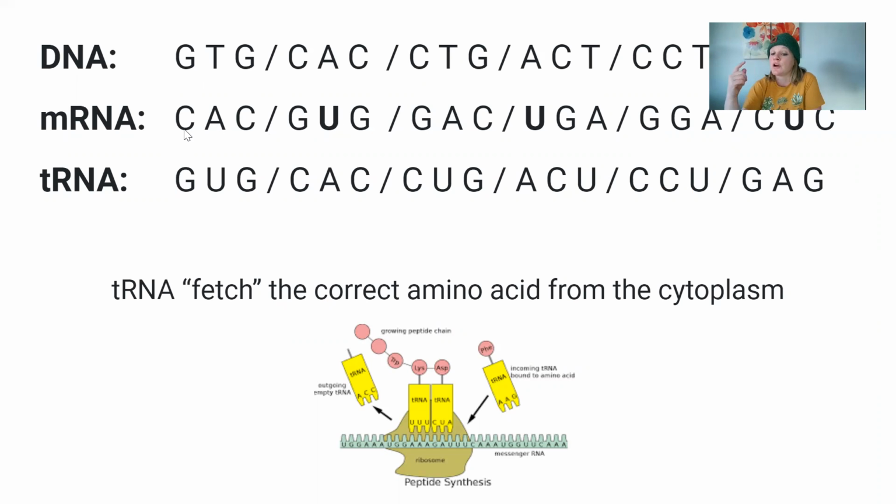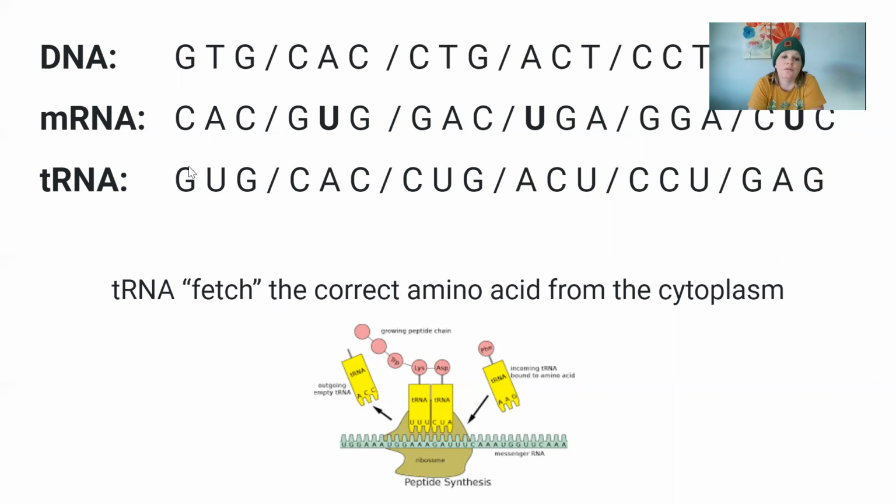Now we need to make the complement to the mRNA, which is the tRNA. Remember, these are the little pieces of RNA that go into the cytoplasm to fetch the amino acids and bring them back to the ribosome and have those amino acids be incorporated into the new protein chain.